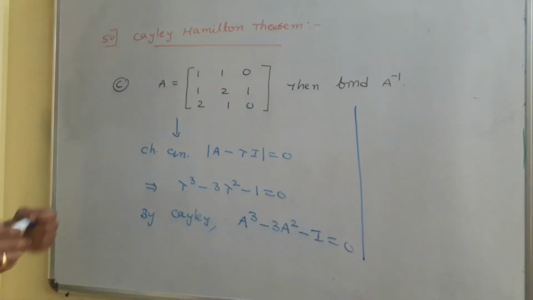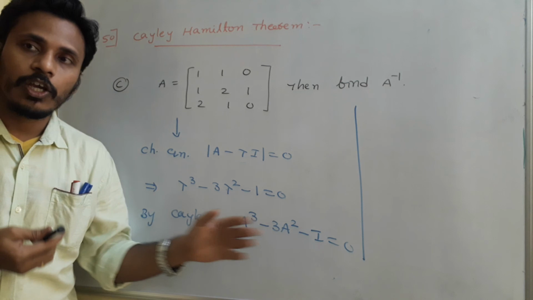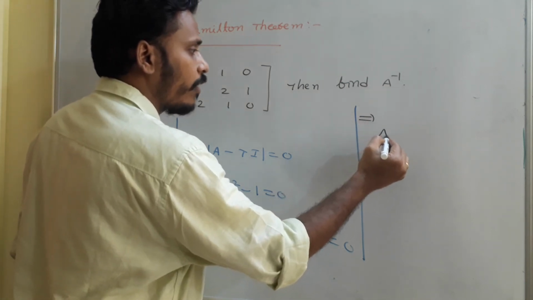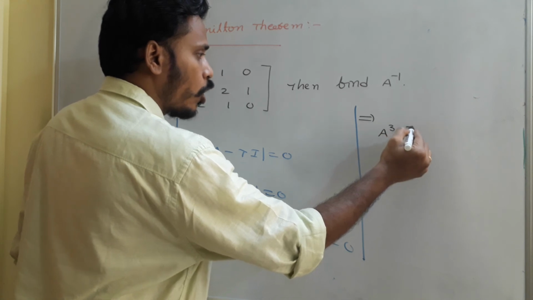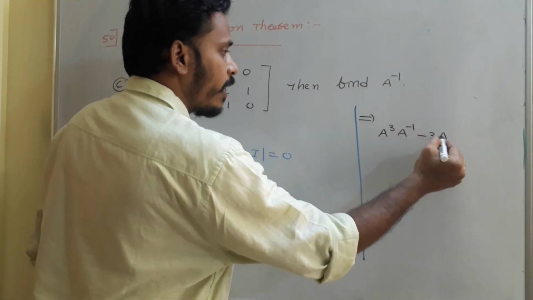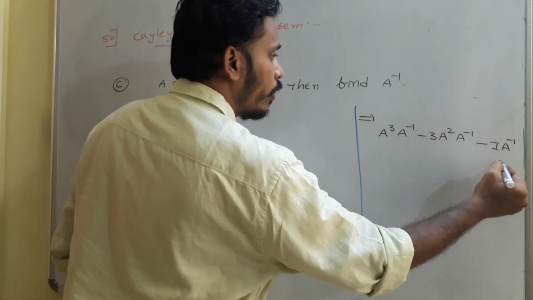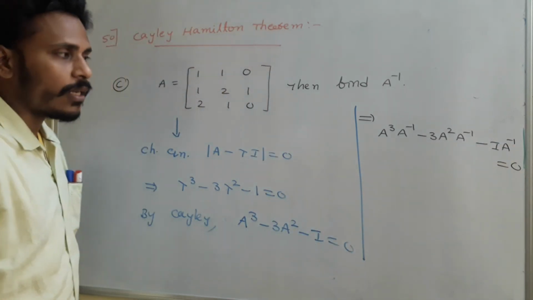Now, to find A inverse, since we have A cube minus 3A square minus I equals 0, multiply everything with A inverse. A cube times A inverse minus 3A square times A inverse minus I times A inverse equals 0.